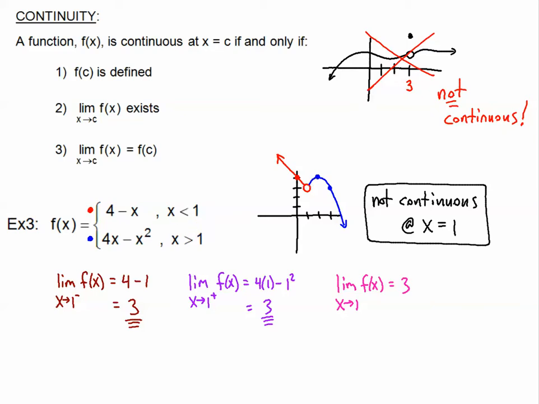Or if we erase that and we said that this is greater than or equal to, then again, we'd fill this open circle in and it'd be a closed circle and it'd be continuous. So if we would just change one little thing, just fill in the hole, then we would be continuous. But until then, we are not continuous because it's breaking rule number 1 and therefore it's breaking rule number 3, excuse me. Let's look at example 4.